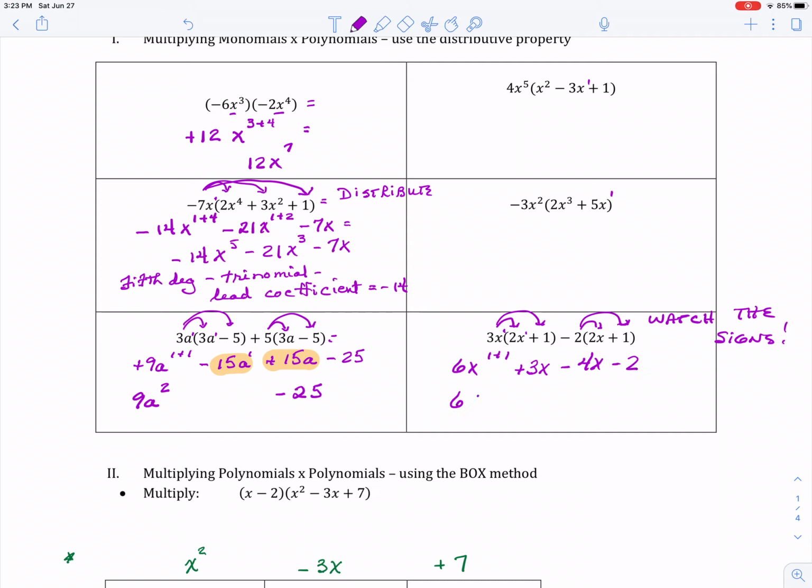So this is a 6x to the 1 plus 1 to the 2nd power. These two are alike. They are like terms, so I'm going to combine those to get a negative 1x. You don't write that 1 down. And then minus 2. So this turns out to be a 2nd degree trinomial with a lead coefficient of 6.